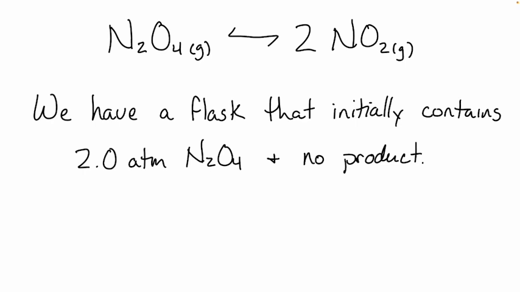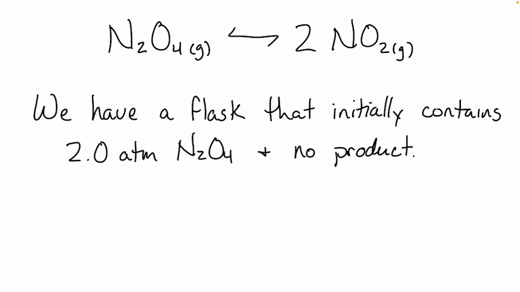Okay, so we're going to kick this off with this flask that contains only 2.0 atm of our reactant and none of our product. All right, then our reaction is going to reach equilibrium.